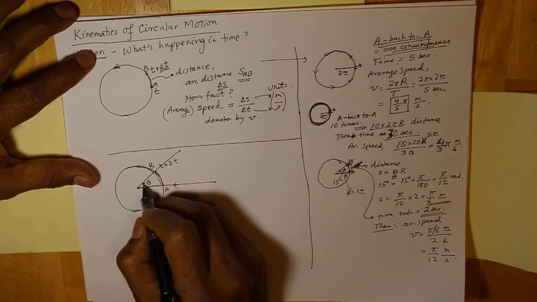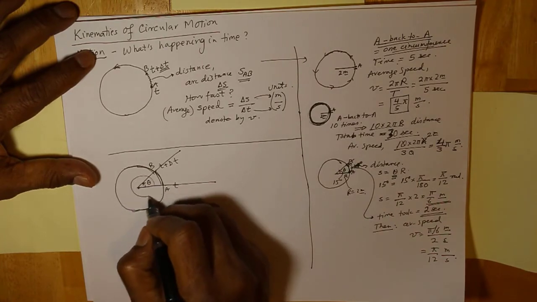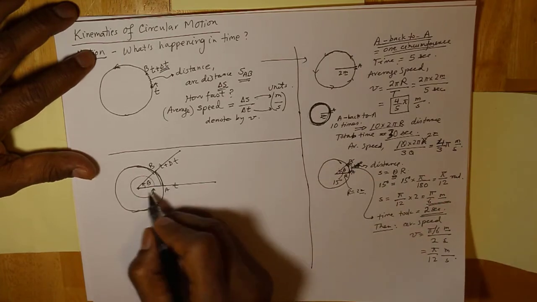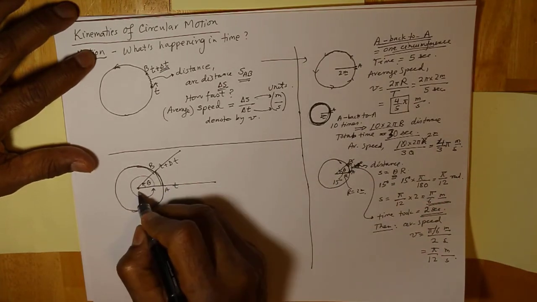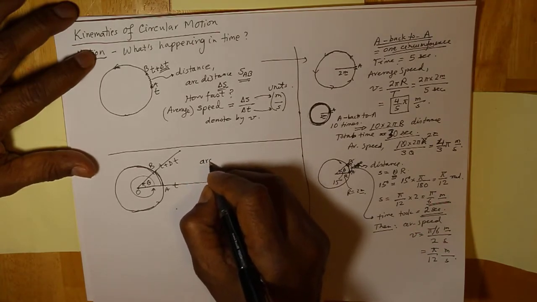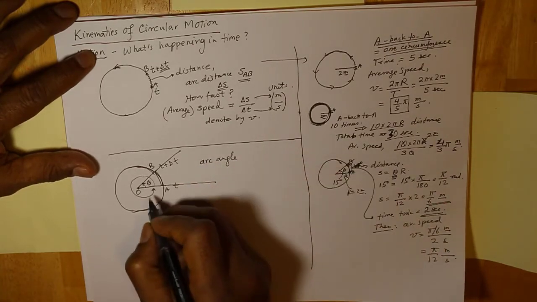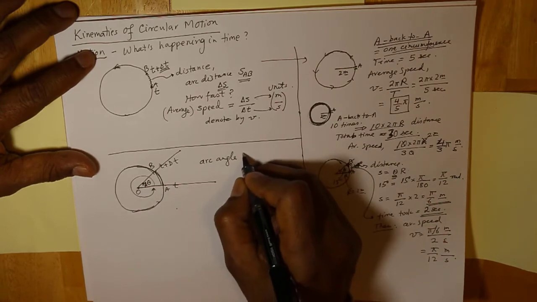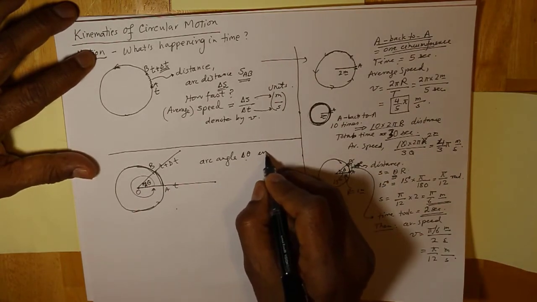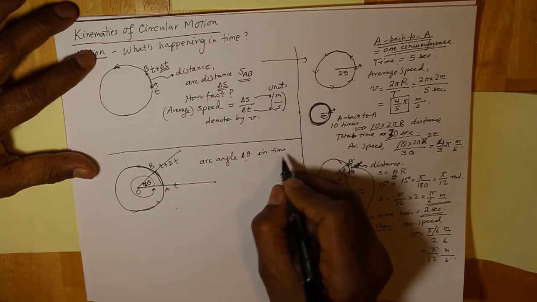So how do we talk about the angle at which I am rotating? Maybe this line is rotating. That angle will be the arc angle, and let's call it delta theta. So I moved that much angle in the time delta t.